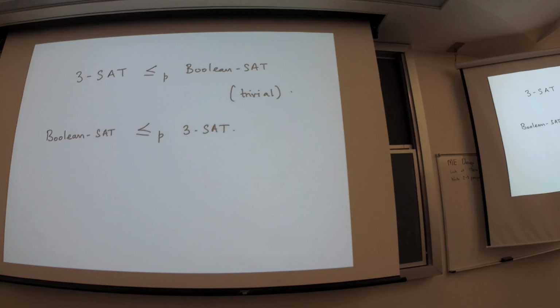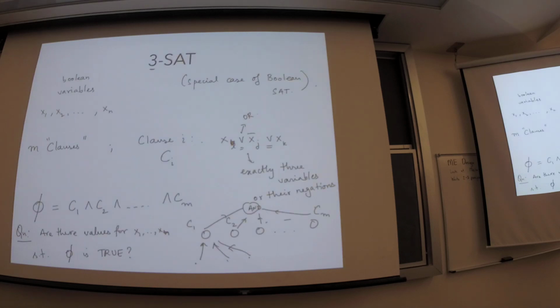Can you see how you could transform any circuit into something that has a bunch of clauses? At least if you had circuits that have only two inputs per gate, can you think of a transformation? If we have just two inputs, we can implement k inputs with those two-input gates.